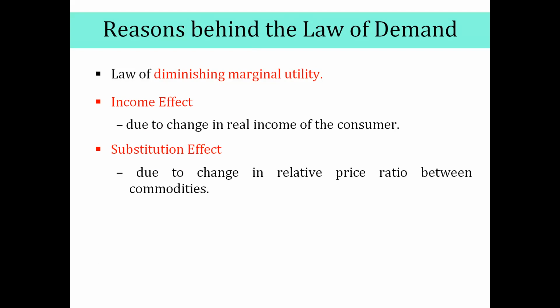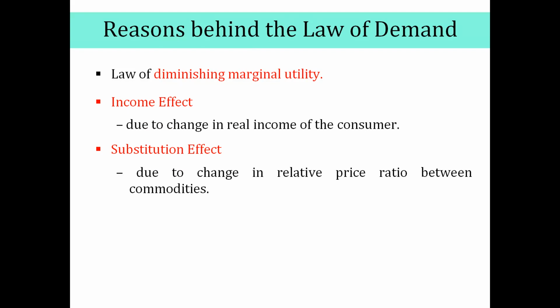Now, the income effect is due to change in real income of the consumer. As the price of the commodity changes and money income of the consumer remains constant, in the assumptions we assume that money income of the consumer does not change. So, keeping money income constant, as price of the commodity changes, the purchasing capacity of the consumer changes.